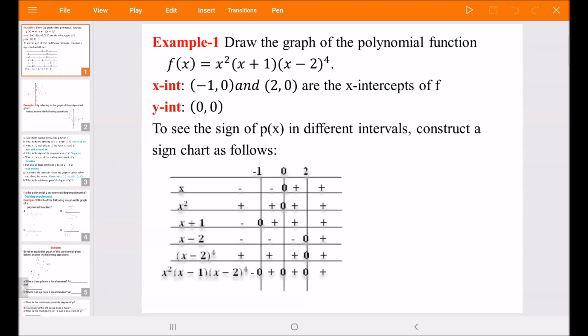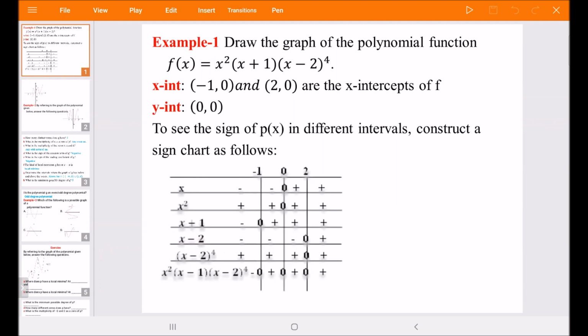From x squared equal to 0, x is equal to 0. From x plus 1 equal to 0, x is equal to minus 1 is obtained. From x minus 2 equal to 0, x is equal to 2 is obtained. Therefore, the graph of this polynomial crosses or touches the x-axis at 3 different points. These points are (minus 1, 0), (2, 0), and the origin, whose first and second components are 0.